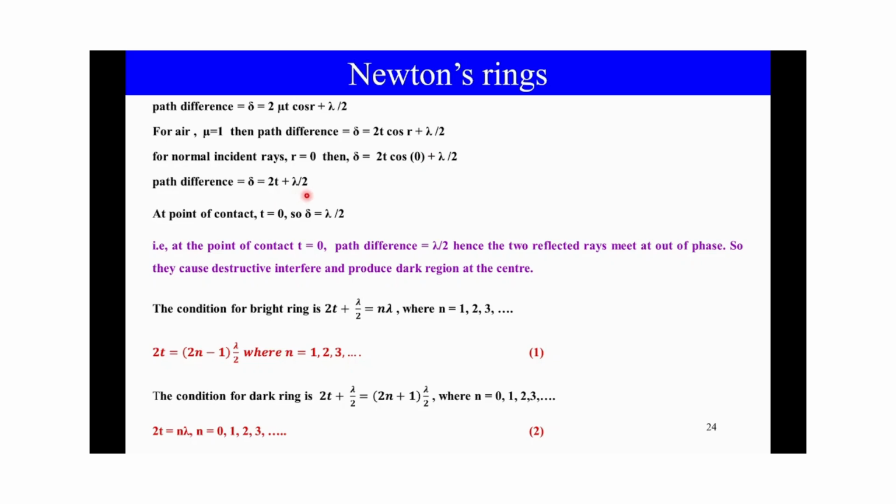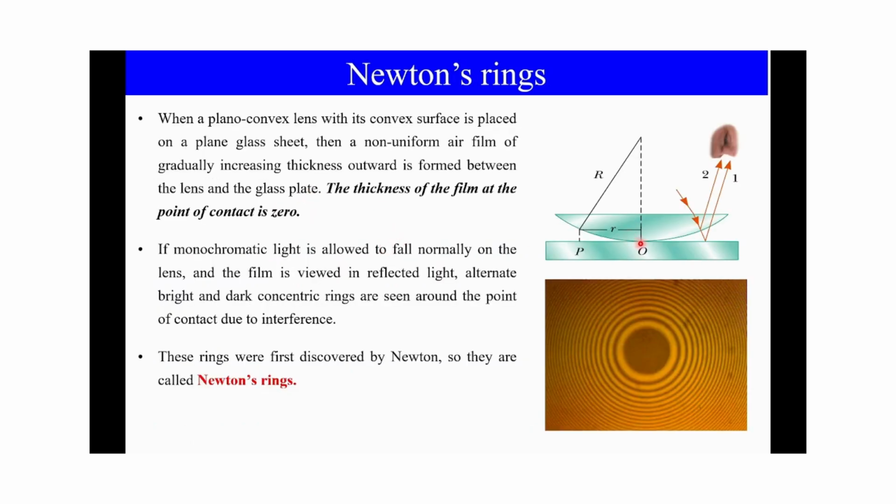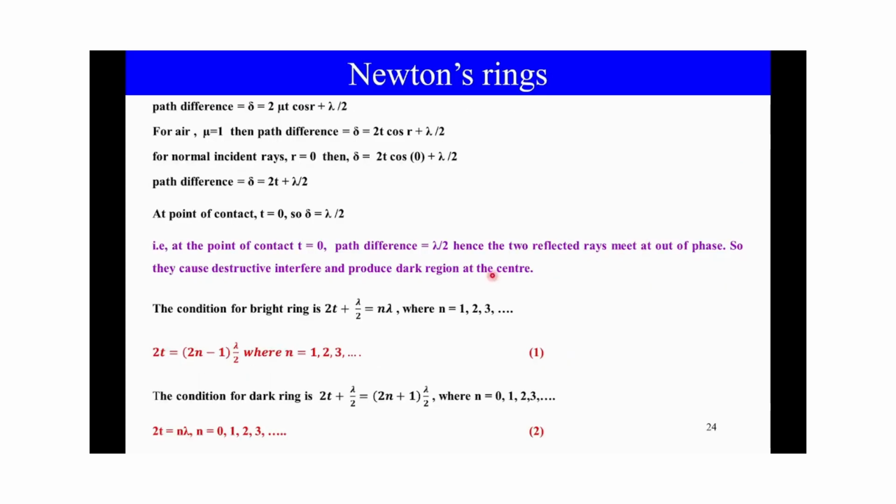Now at the point of contact, there is no air gap between the lens and the glass plate. Therefore there is no air film. Hence we substitute t is equal to 0 in the above equation. We are going to get delta is equal to lambda by 2. Therefore, at the point of contact, the path difference is equal to lambda by 2.